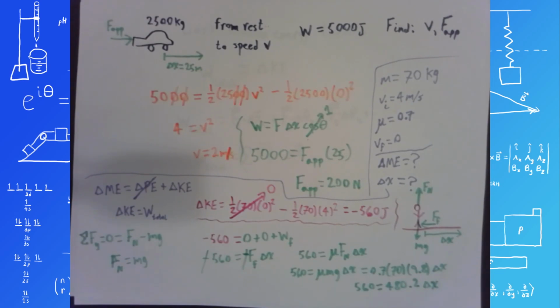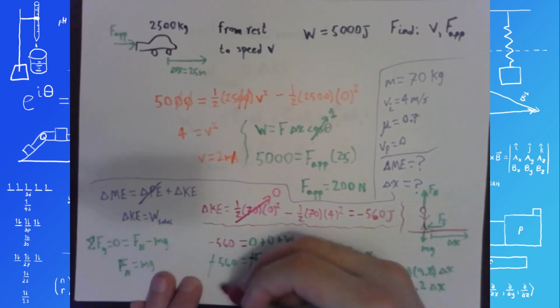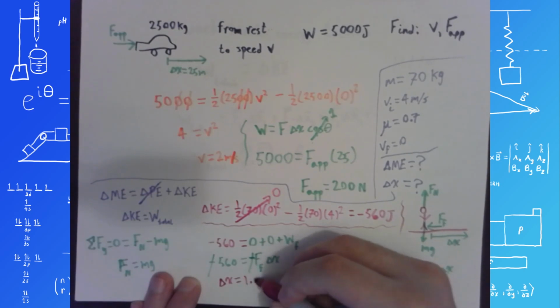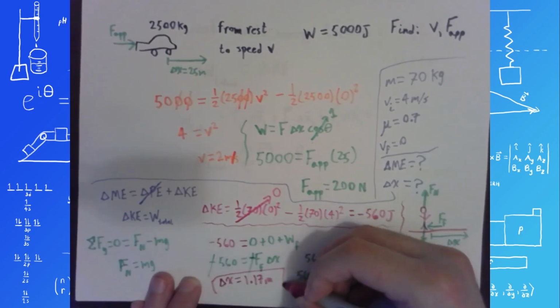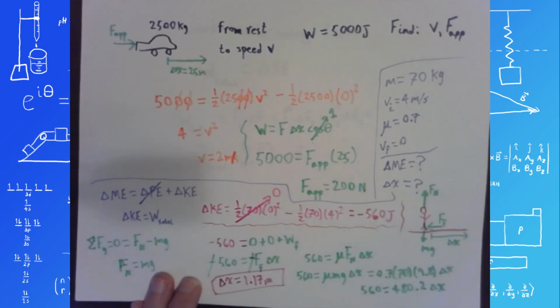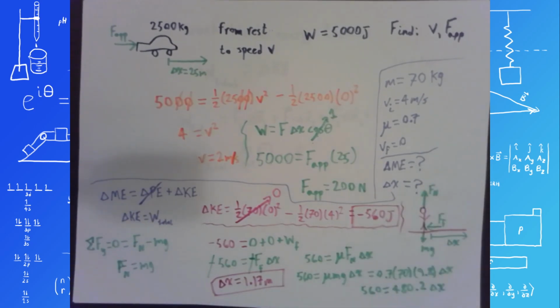I'll say 1.17 for my displacement. So let me switch colors back to burgundy. I guess I'll write it over here. Delta x equals 1.17 meters. And there we go. So those are our two answers.